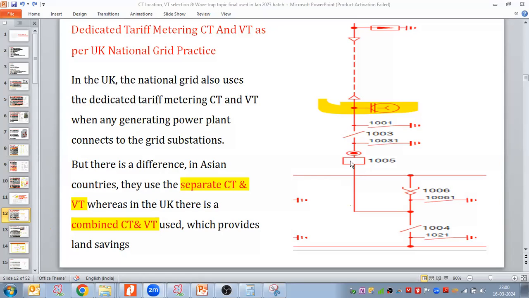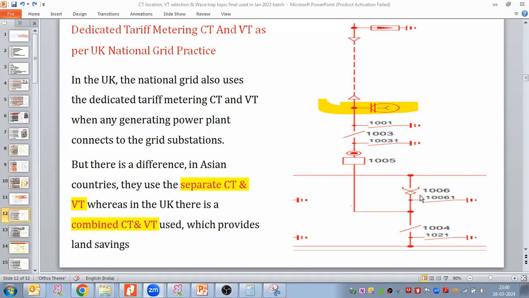For the disconnector, I have very detailed presentations. In that, I have covered all the Asian and UK practices in much detail. I'll take the disconnector topic after the breaker. In design engineering and rating calculation, the disconnector is very simple in Asian countries, but in the UK it is very complicated.